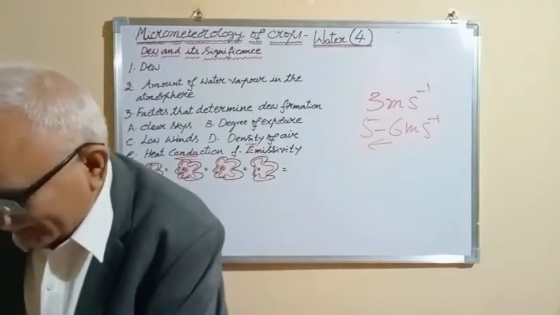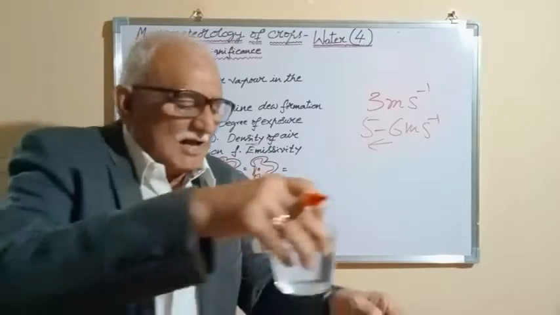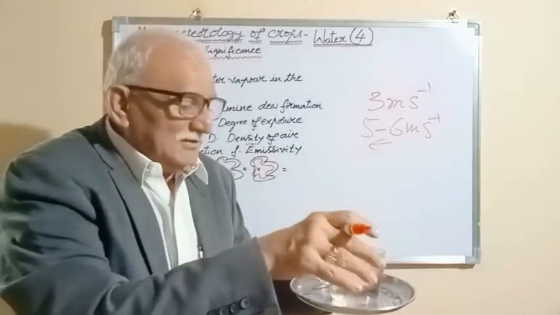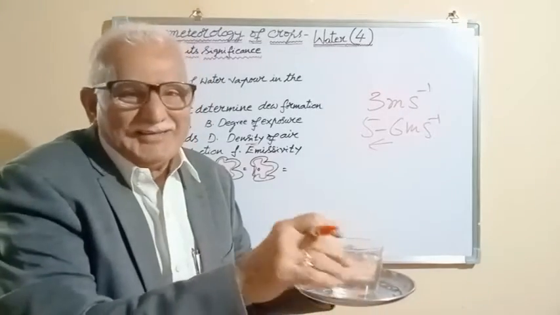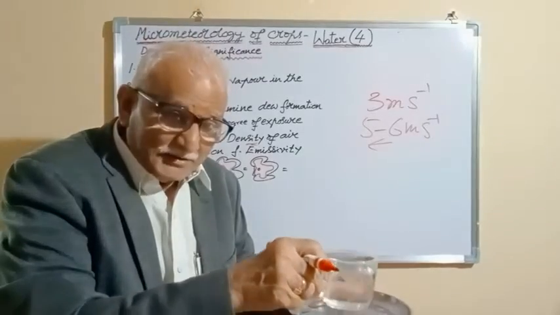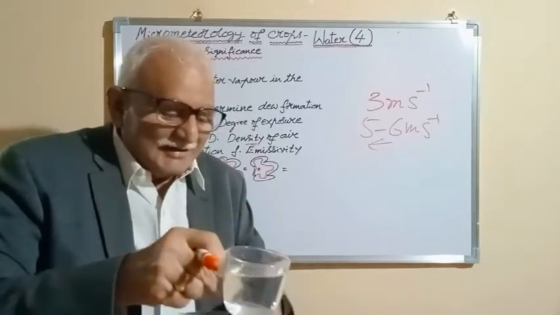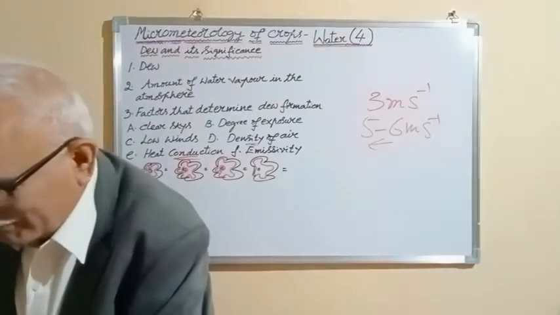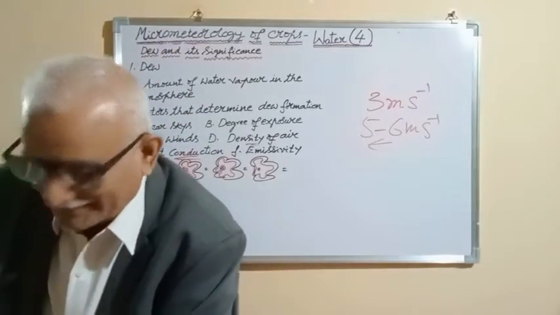Presume that this is the saucer and the cup; this is a good conductor of heat, and this is a very good emitter. Here the possibility of dew formation is less as compared to when I keep a thermocol in place of this particular plate.